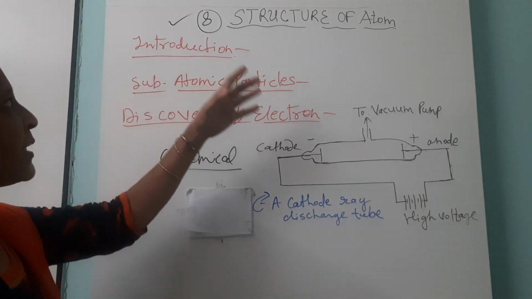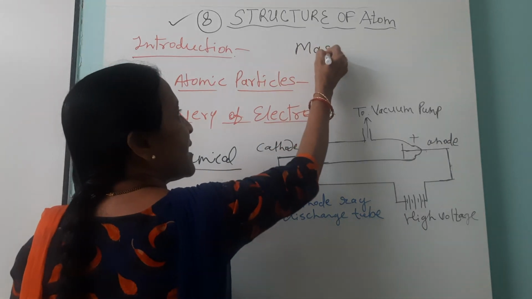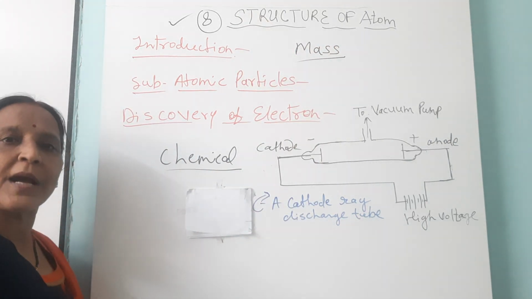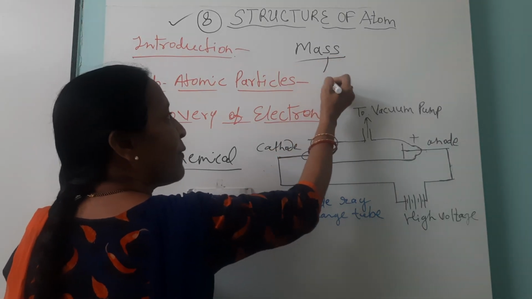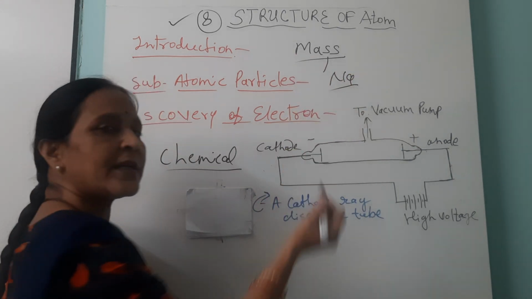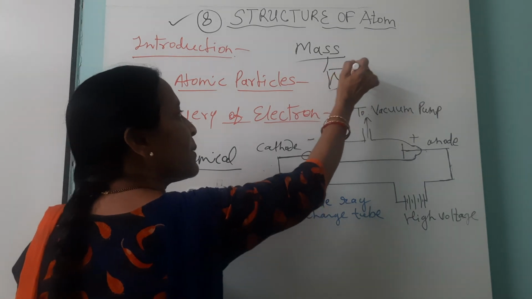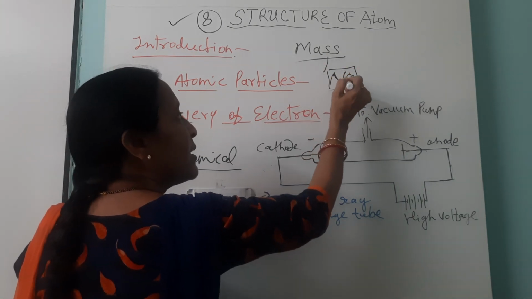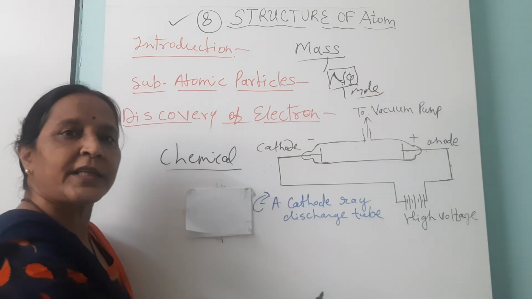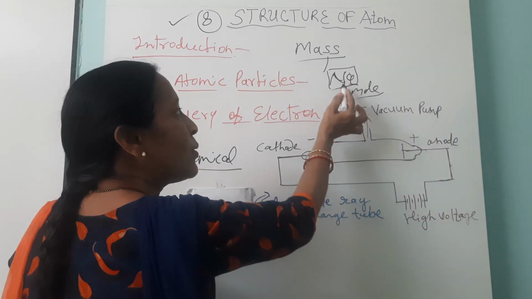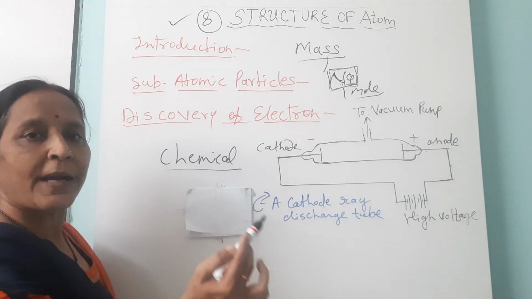According to that theory, any substance has a specific mass, and this mass is made up of fine particles. Suppose I take the example of sodium: 1 mole of sodium. This mole we also studied in the first lesson.